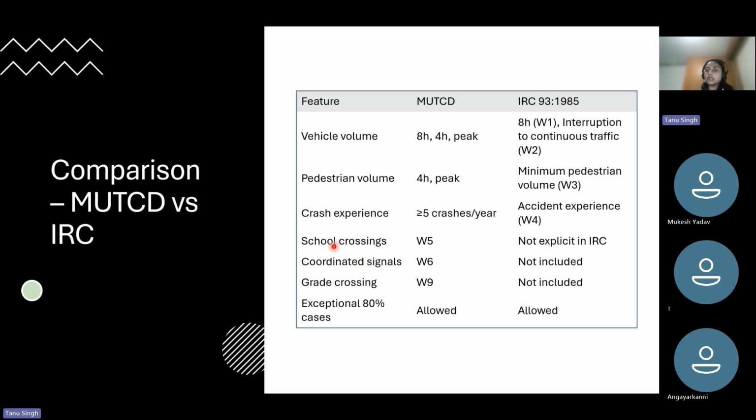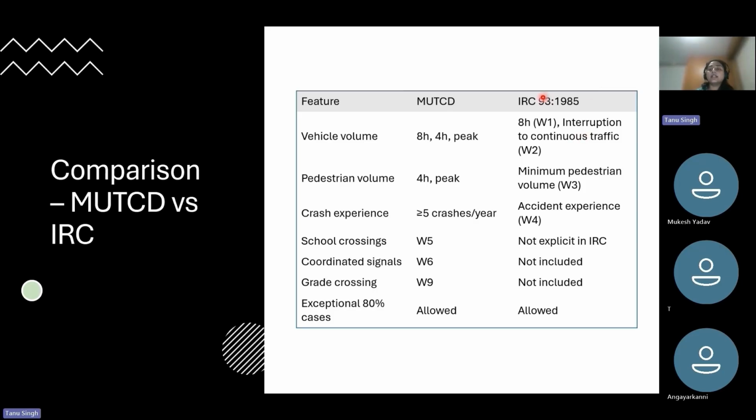So this is a comparison table. In MUTCD we have different warrants for 8 hour, 4 hour, and peak hour. Then for pedestrian volume we have 4 hour and peak hour. Crash experience applies if there are greater than 5 crashes. Then we have the school crossing warrant, coordinated signal warrant, grade crossing warrant, and the exceptional 80% case.